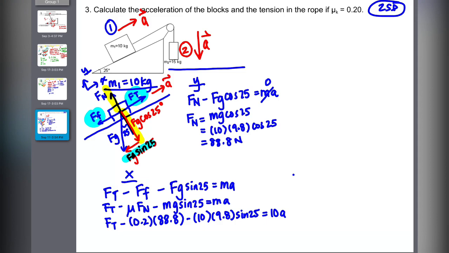So I just plug in everything I know. Just like all those pulley questions, I do not know A, I do not know FT. So now I'm just going to punch it all in. These are just numbers that I can punch in the calculator, right? So 88.8 is what was in my calculator, and I'm going to punch them all in.